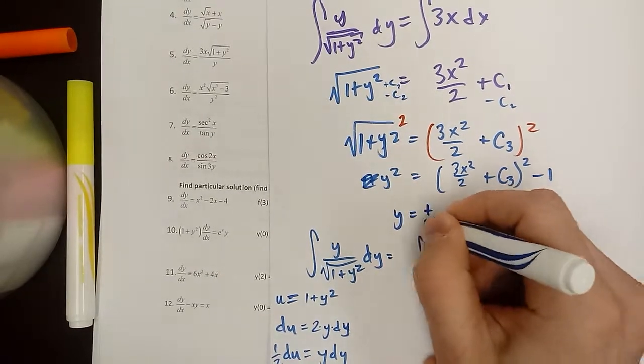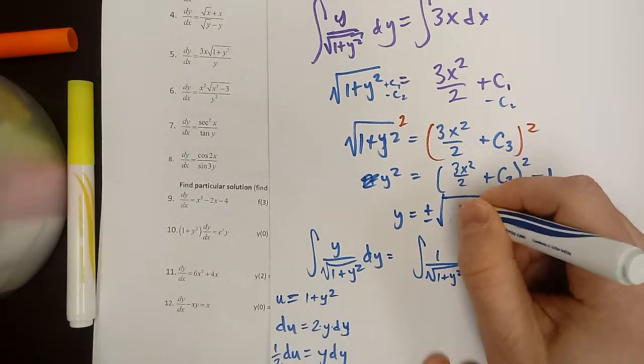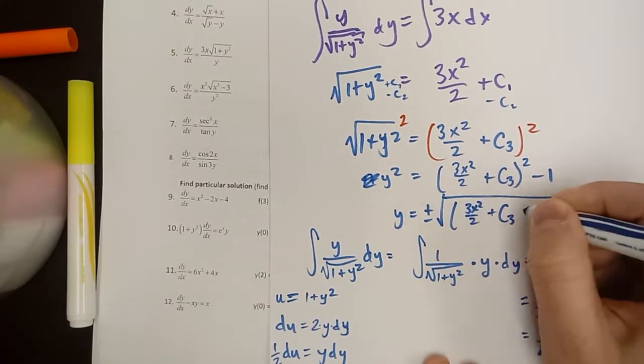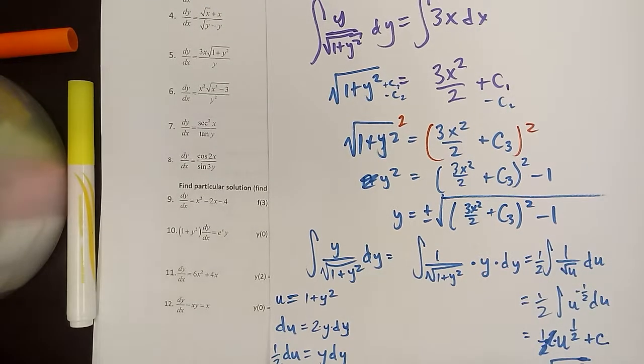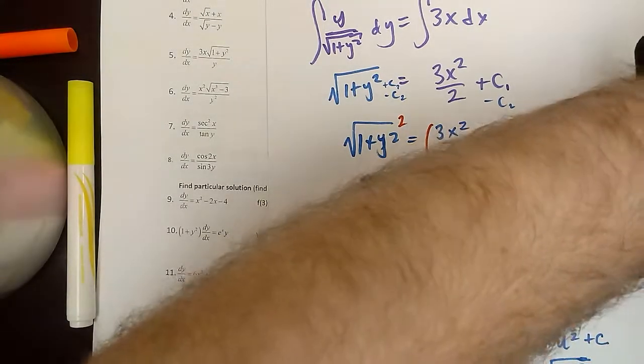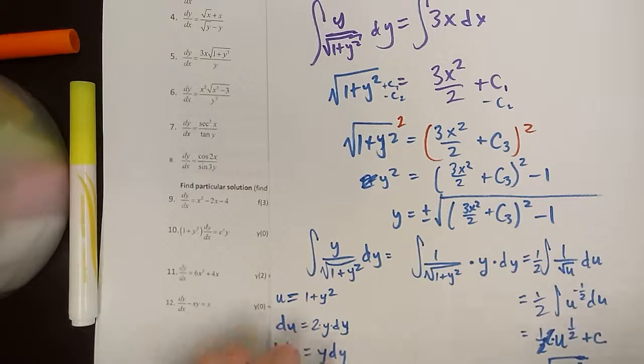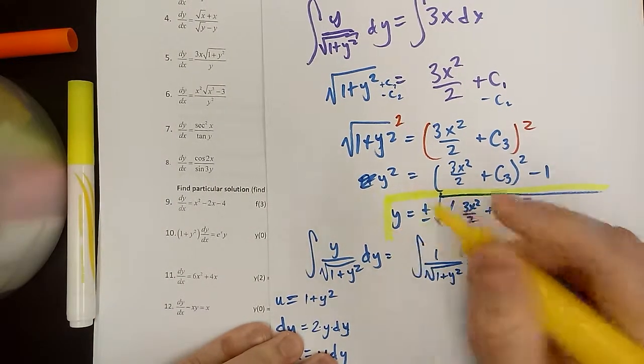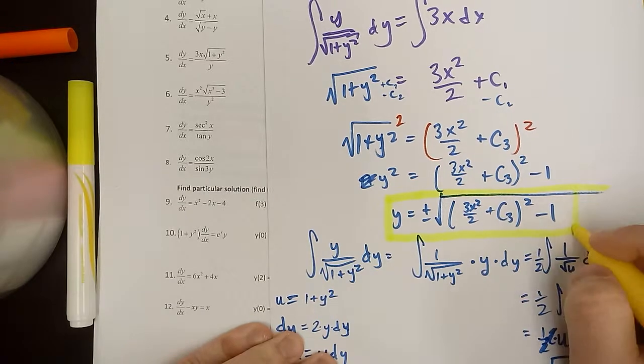So y is equal to plus or minus the square root of 3x squared over 2 plus c3, squared, minus 1. Okay. Don't get caught up in how ugly it is. Get caught up in the fact that we can get y by itself.